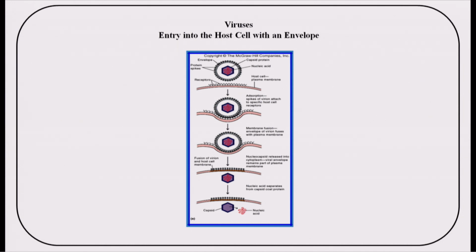If you see in the slide, absorption of the spikes of the virions, they get attached to the host cell and membrane fusion occurs, and in the next step the nucleocapsid is released into the cytoplasm, and the viral envelope remains a part of the plasma membrane, and the nucleic acid separates from the capsid and enters into the host chromosomal material. That is how the virus attaches and transfers its nucleic acid material, gets integrated with the host chromosomes and causes mutations, and they come up with new infections.